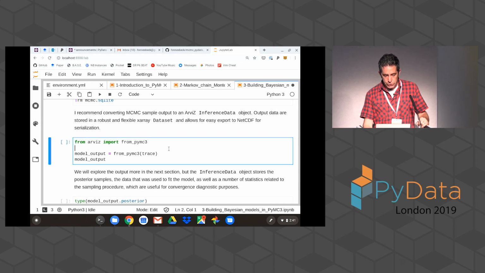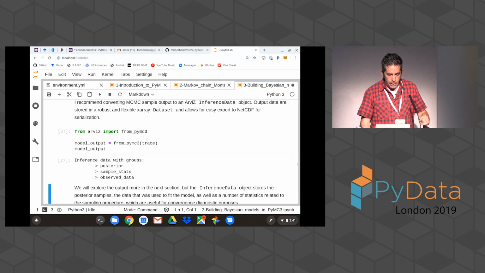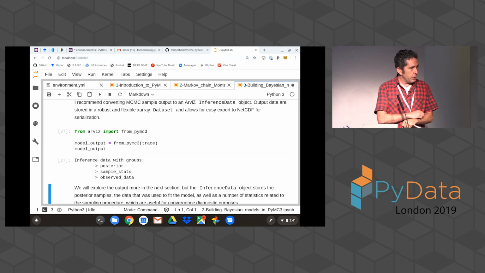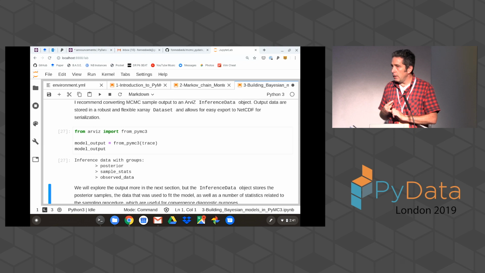One of the best things to do these days, though, if you want to serialize your output, is employ a package called ArviZ, which is sort of a spin-off project from PyMC3. It was created by some of our developers. It provides an object called an InferenceData object, which keeps your trace information on the sampling run itself that can be used for diagnostics, posterior predictive values, and so on.